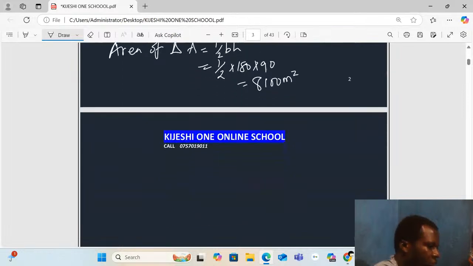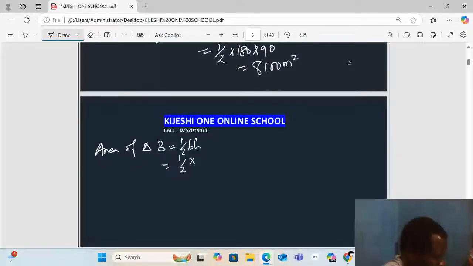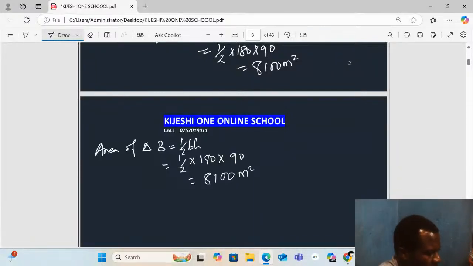Then we move to the area of triangle B, which is still given by a half base times height. We shall have a half of 180, our base, times the height, which is still 90, and therefore we get the same thing: 8,100 square meters.